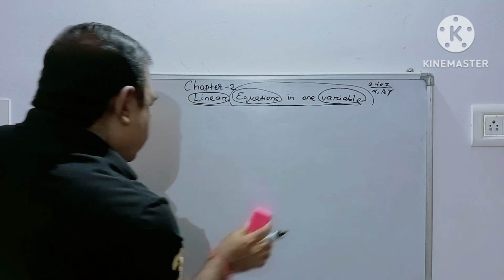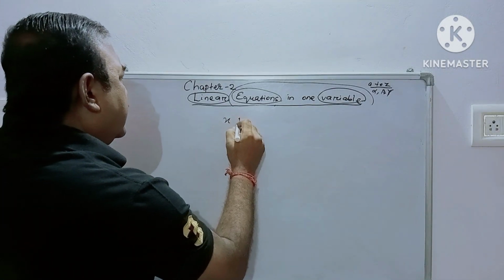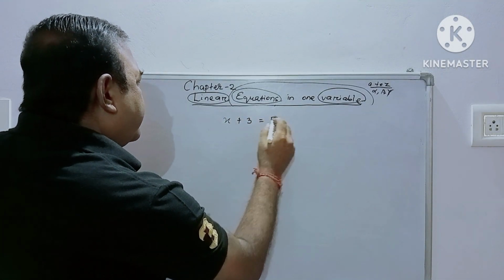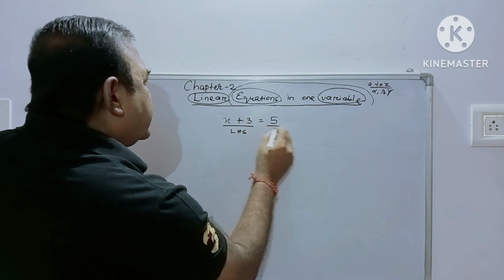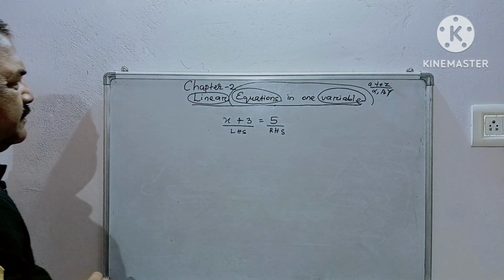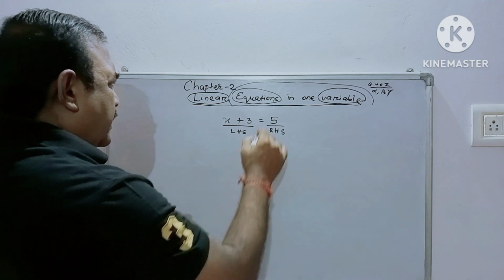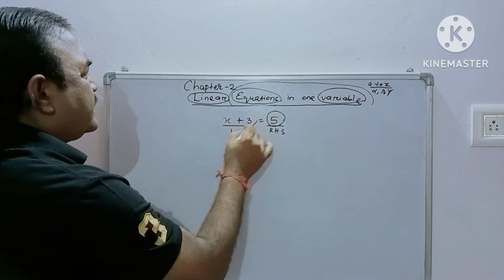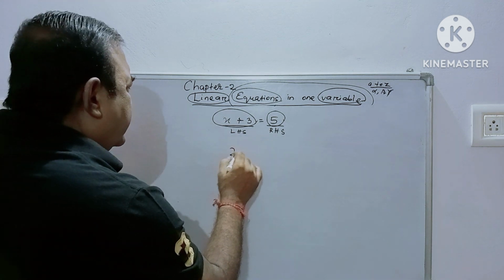And before going, I want to just remember one thing. Suppose x plus 3 is equal to 5. This is called the left hand side. This is called the right hand side. And you will see in one side there is a number, one side there is an algebraic expression.